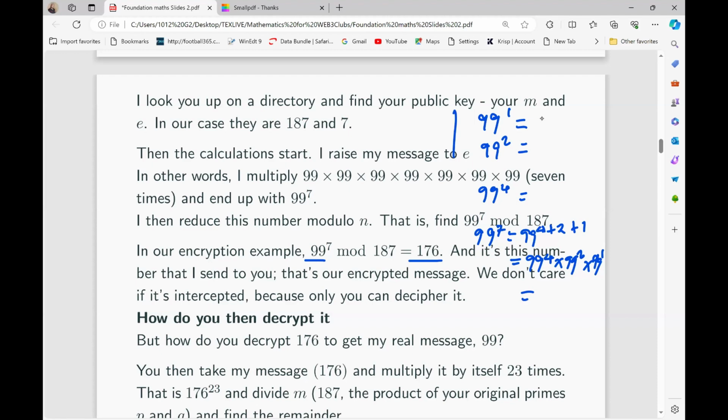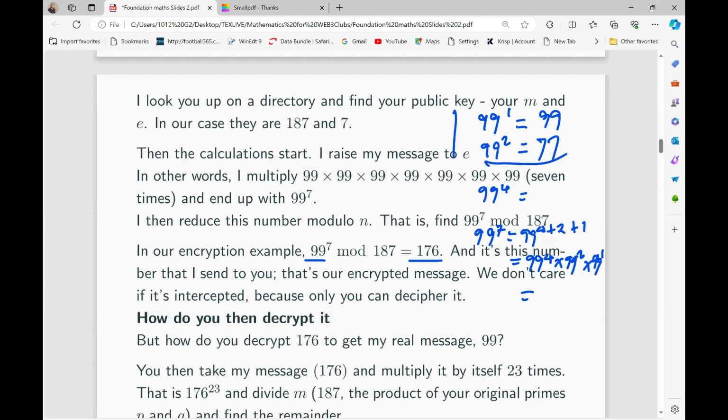We are doing it mod 187. So 99 raised to 1 will just be 99. What about 99 raised to 2? You get 9,801. Then divide by 187, our mod. It goes there 52 times. What is the remainder? The remainder is 77. What about 99 raised to 4? It's just the same as squaring this.